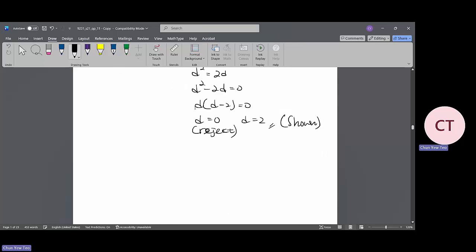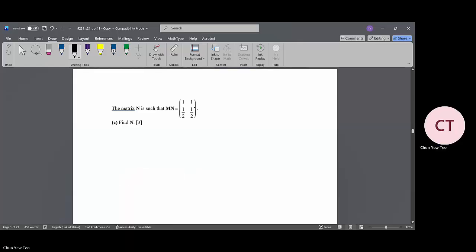Now we move on to C. Given that the product of M and N will give you this result, we need to find N. To find N, we know that we have to multiply by M inverse.